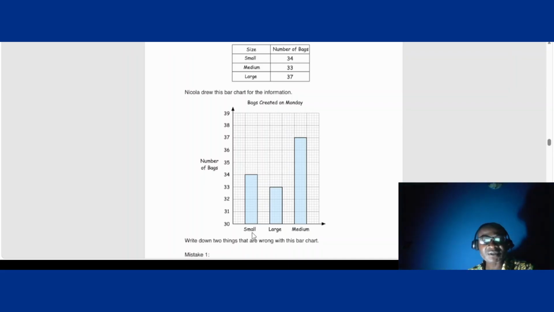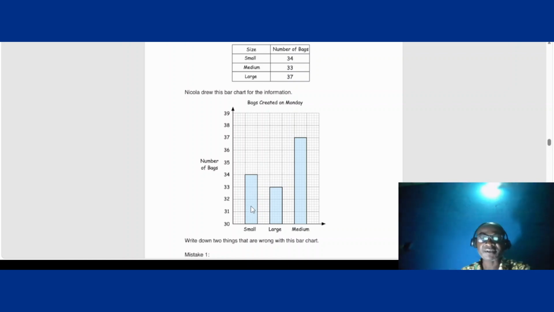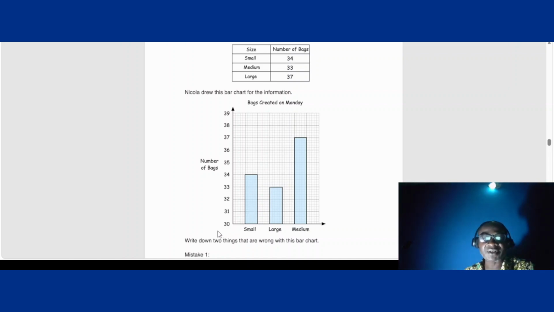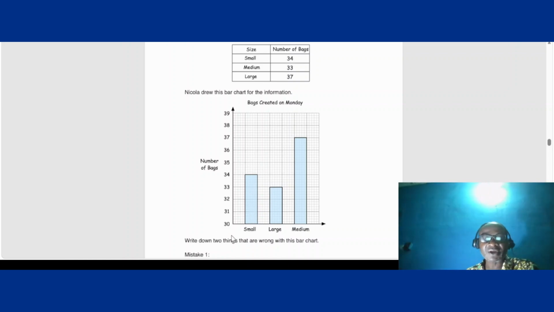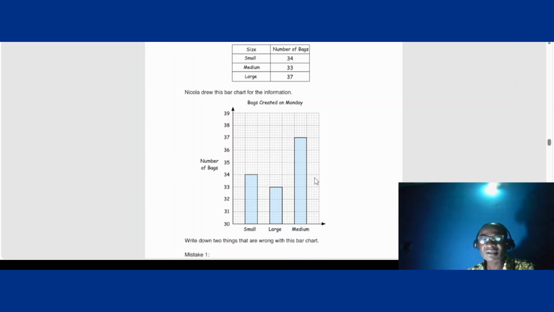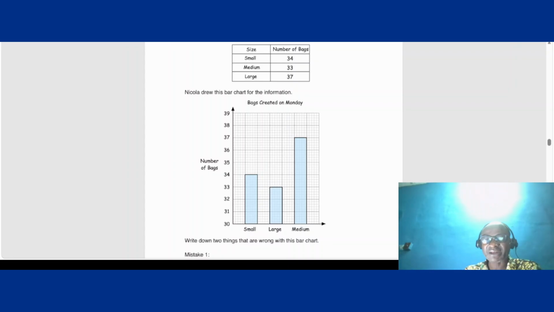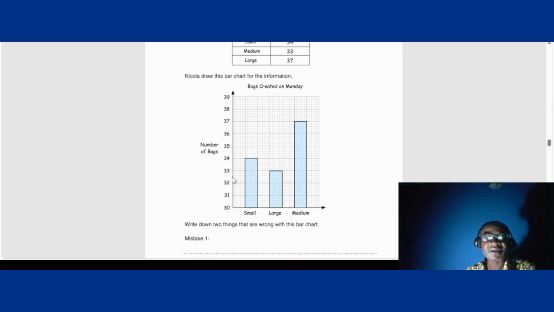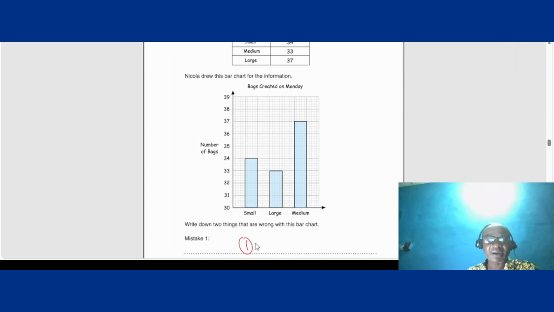Yes, the order in the horizontal line. So it's either ascending or descending. Okay, order. What else can you see?